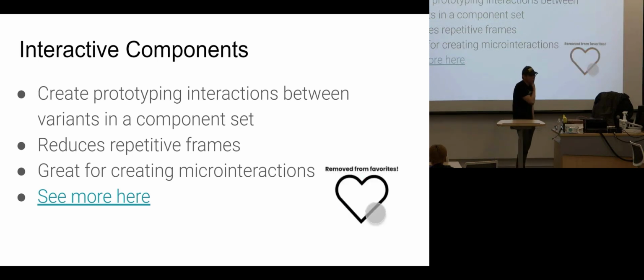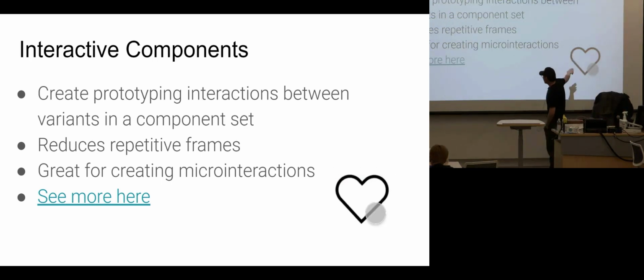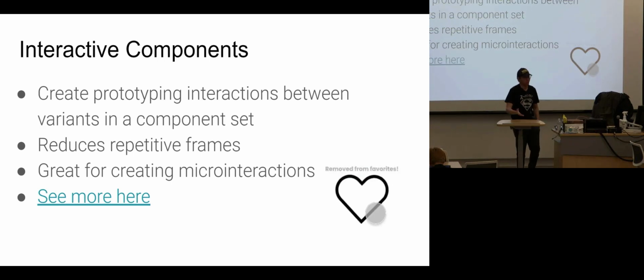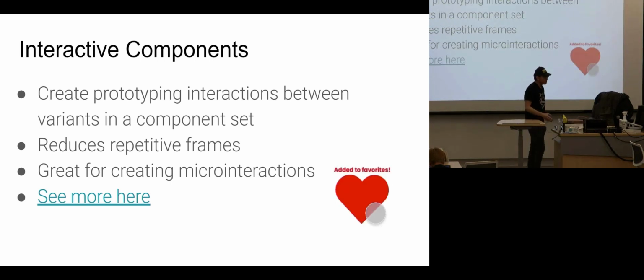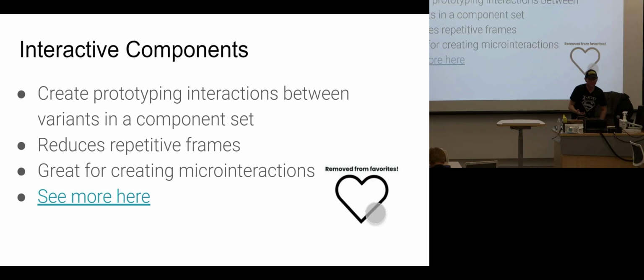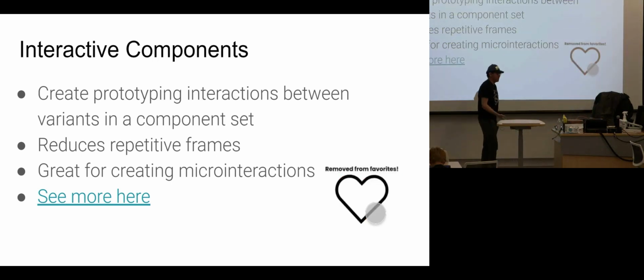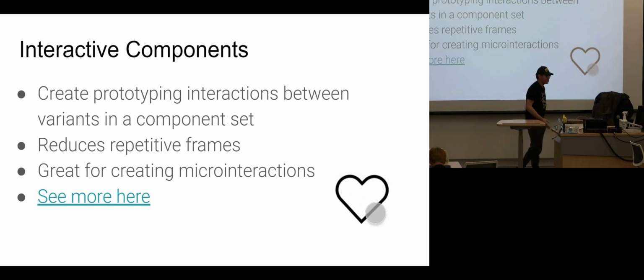So you can see you have many redundant frames by using the features we've learned so far. And suppose you want to place this feature on every frame in your prototype. If you only have 50 frames, by placing this on every single frame, you will need 3 times 50, which is 150 frames. That's a lot of redundant frames.